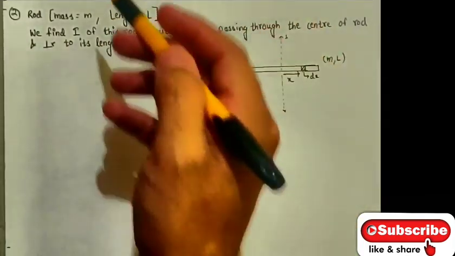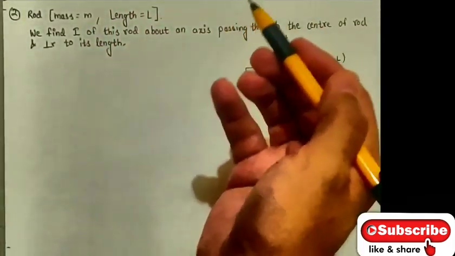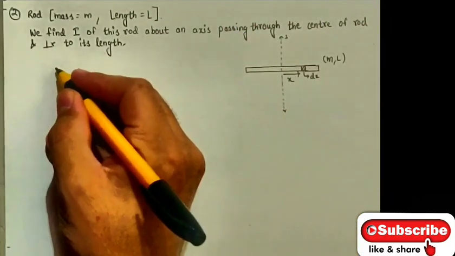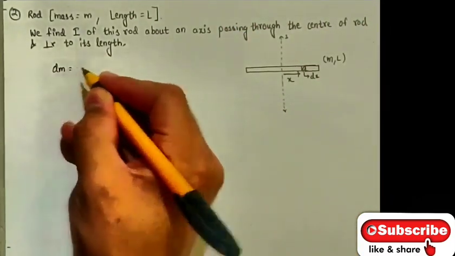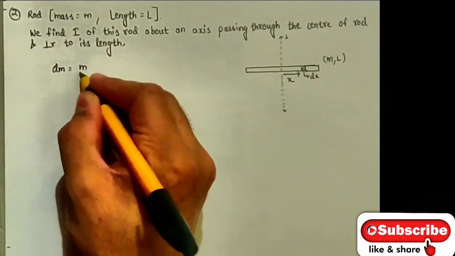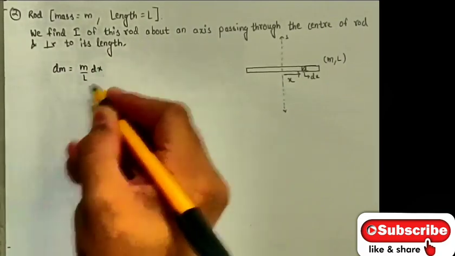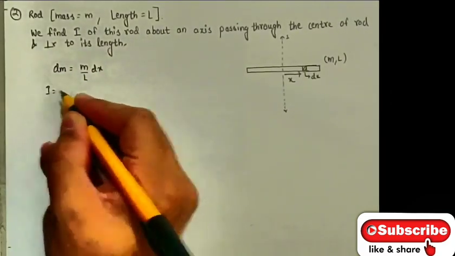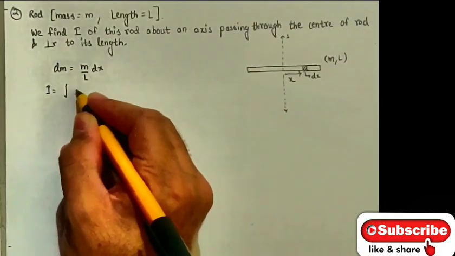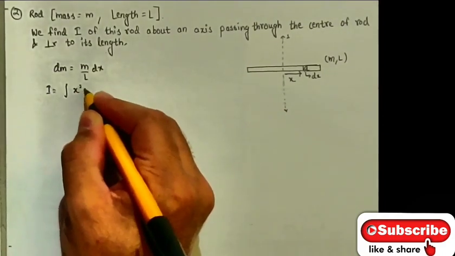Similarly we do the process like above. We take dm equal to m by L dx and I equal to integral of x square dm.